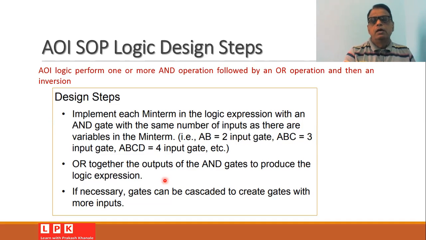In this way, we can implement the given logic expression using AOI logic. If necessary, the gates can be cascaded to create gates with more inputs, so that you can handle a larger number of inputs.